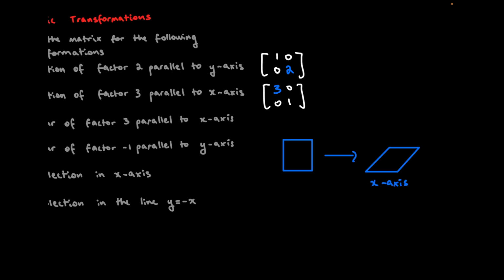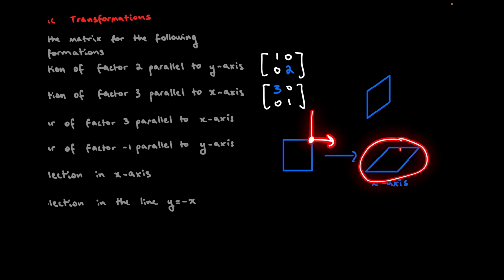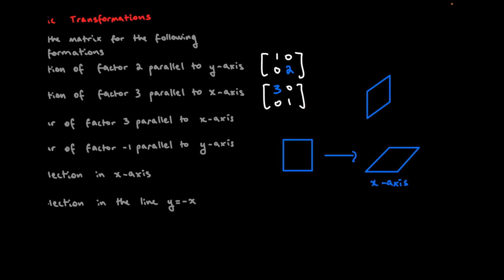A shear parallel to the y-axis will look like this. So instead of these two being your fixed bars, it'll actually be these two that are your fixed bars. So it'll look like this. So think of pulling on this point, rather than pulling it this way, you're pulling it upwards and getting this shape here. So that's what a shear is.